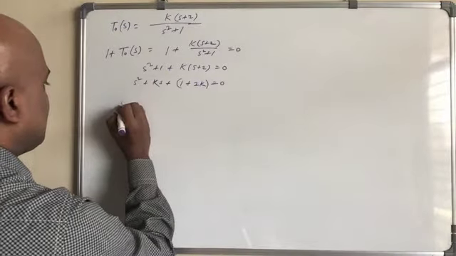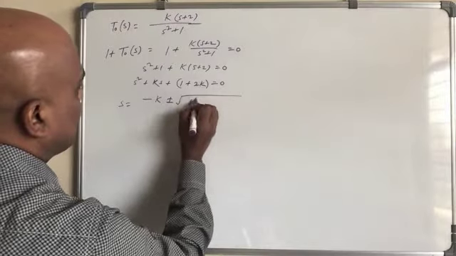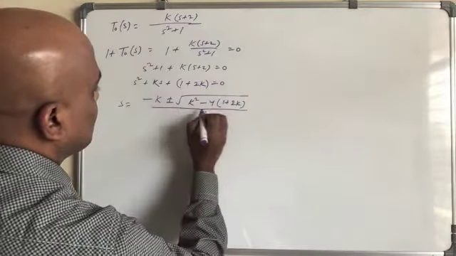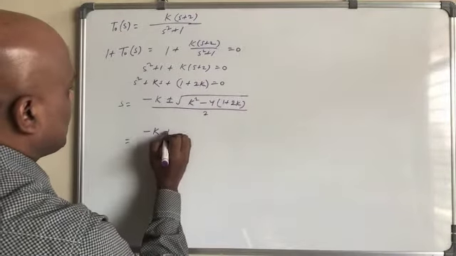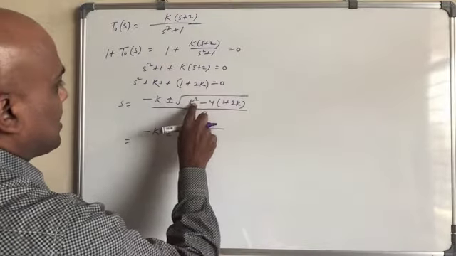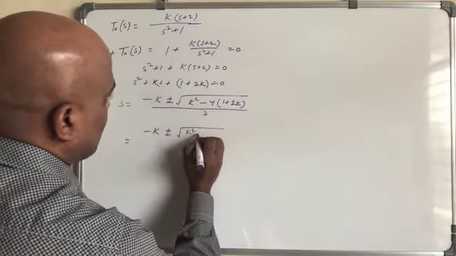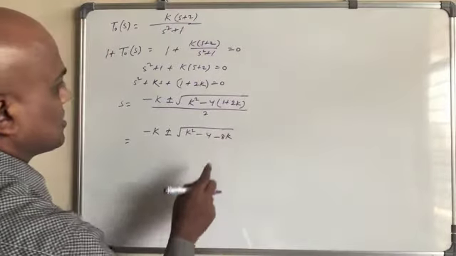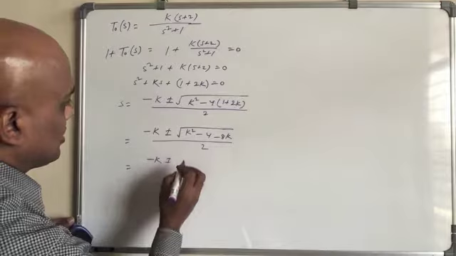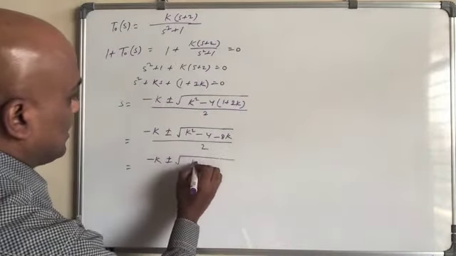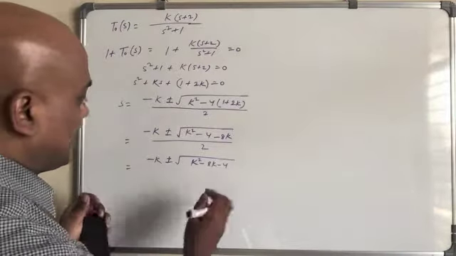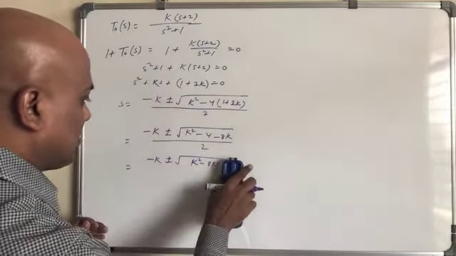We get s equal to minus k plus minus root of k square minus 4AC, so 1 plus 2k, over 2, which is equal to minus k plus minus root of k square minus 4 minus 8k over 2, which is equal to minus k plus minus root of k square minus 8k minus 4.